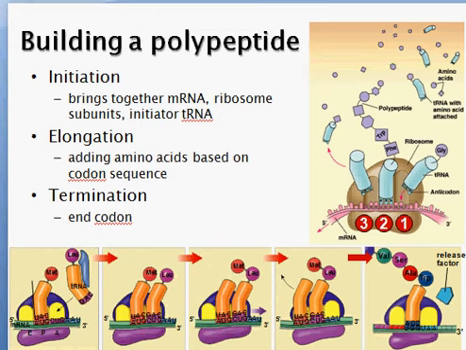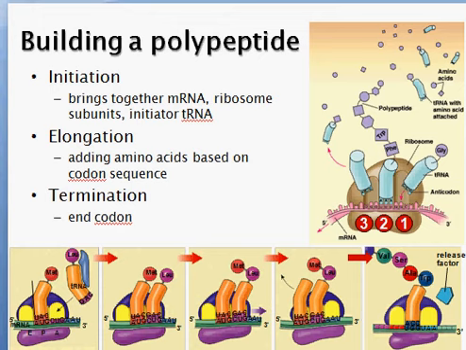Just like in the building of our messenger RNA, we have the three parts of the translation process. We have the initiation, elongation, and termination of a growing polypeptide. So initiation is when we have the messenger RNA, the ribosome subunits, and the initiator tRNA with the start codon all come together and start or initiate the translation of the protein or polypeptide.